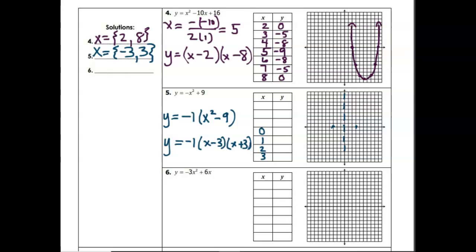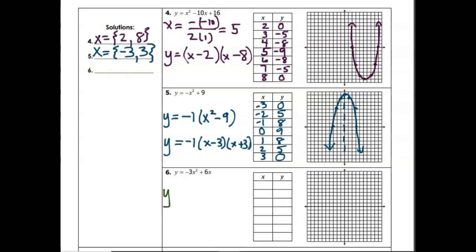So we know that the axis of symmetry has to go through the center of those two, because those two are the same distance from that. So that gives us a clue as to where the vertex is as well. We can plug that in and find that that will give us a vertex of (0, 9). It opens down, and again it crosses at the two solutions to that quadratic.